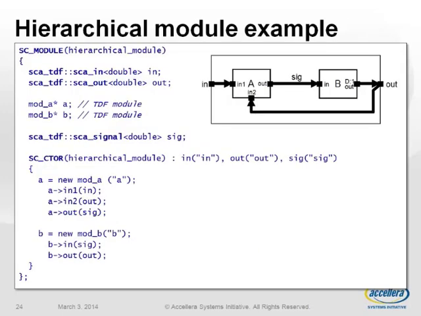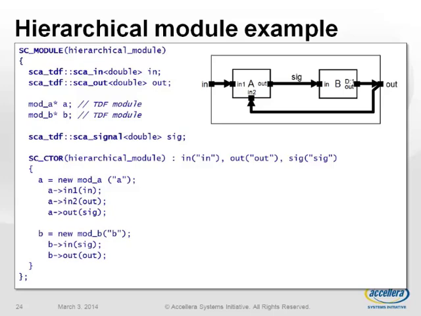What I mentioned before, hierarchical descriptions are similar to classical SystemC. We have SC_MODULE declaration, and we have the in and out ports of this hierarchical module. We have the instances of modules A and B, and an internal signal, and in the constructor we then define the netlist.